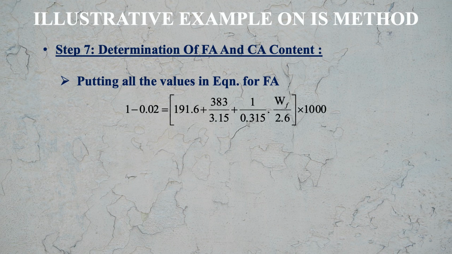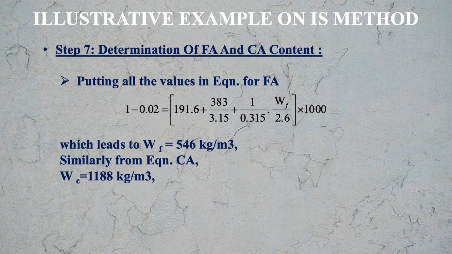Here put the values in this equation and you will get the weight of the fine aggregates as 546 kg per meter cube. Similarly, from the equation of coarse aggregate, you can calculate the weight of the coarse aggregate as 1188 kg per meter cube.